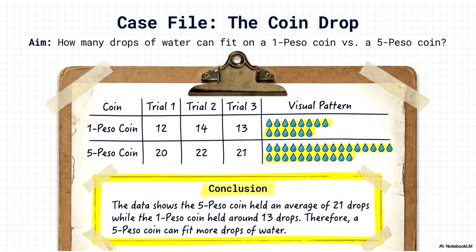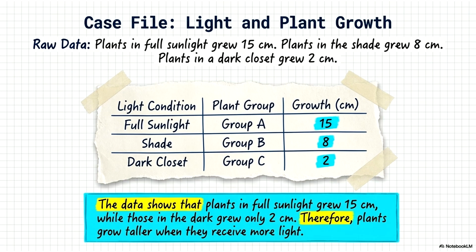Let's look at one more example, using plants and sunlight. In this investigation, plants were placed in different amounts of sunlight. The plant in full sunlight grew 15 centimeters. The plant in the shade grew 8 centimeters.